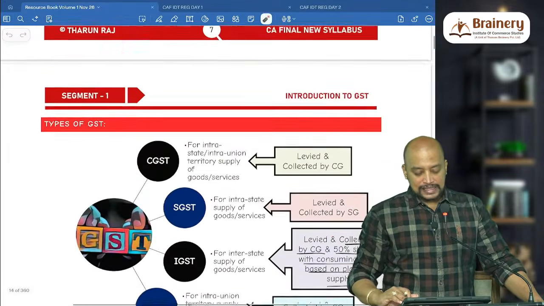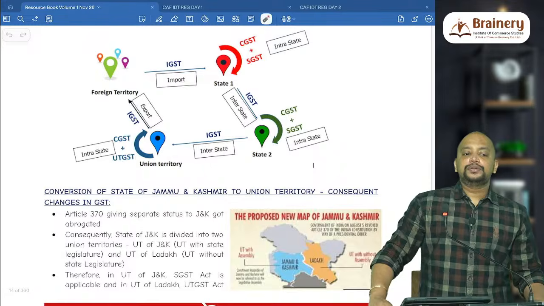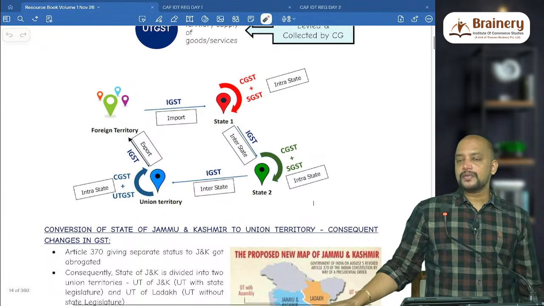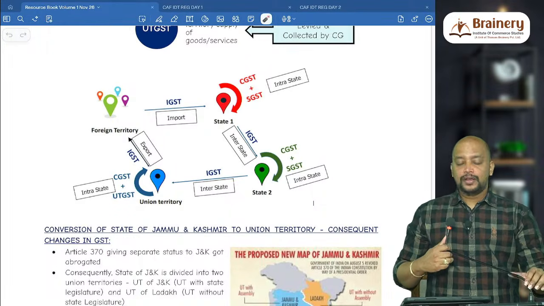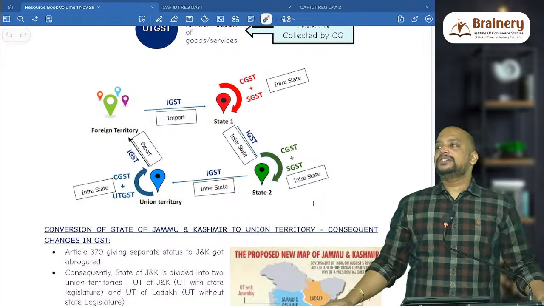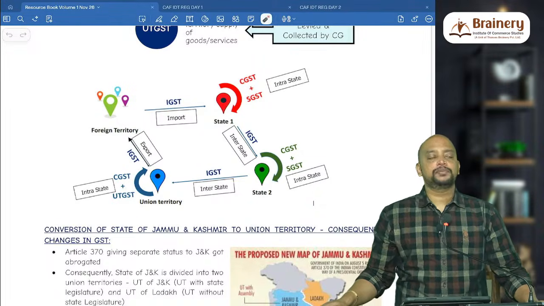Intra versus interstate we already discussed, types of GST we discussed. Look at one small chart on page number 8. On import of goods, which law will be applicable, GST or customs? Customs law will be applicable.